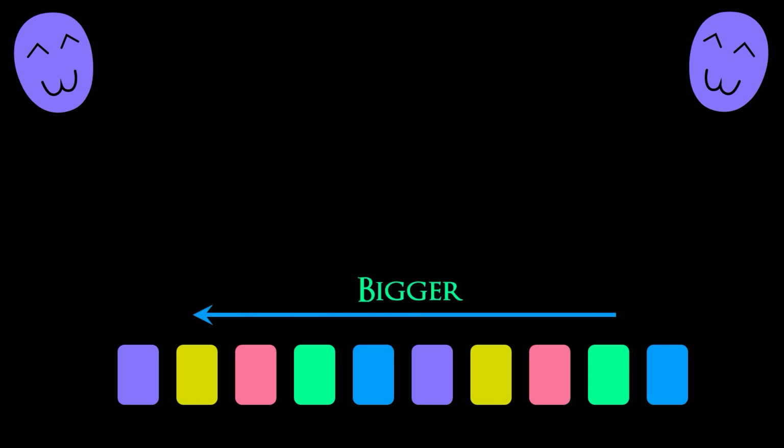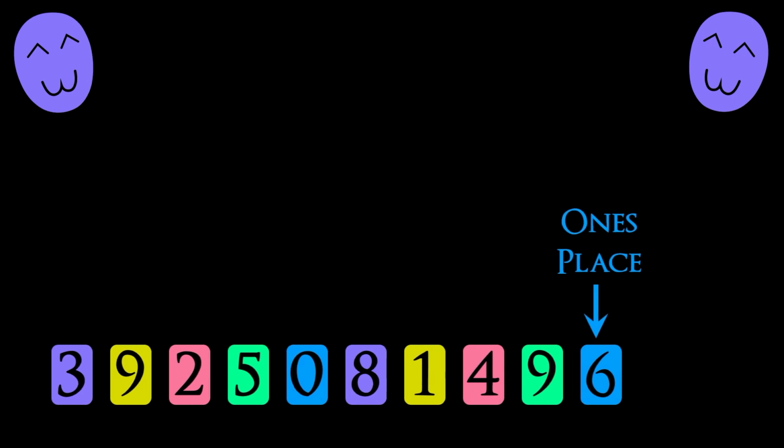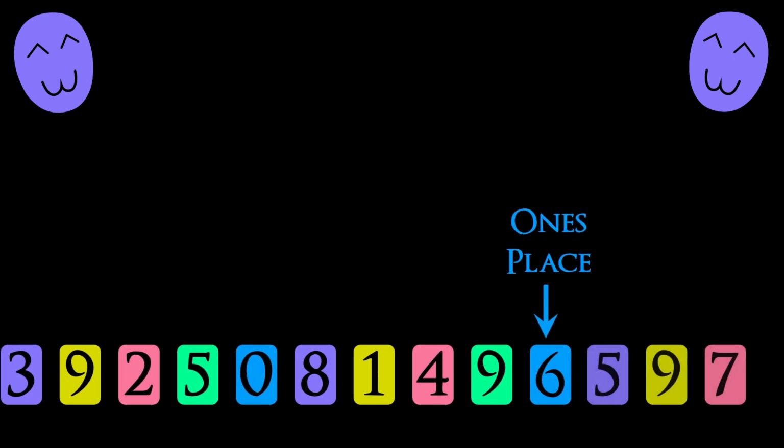Number places representing bigger groups are to the left, and number places representing smaller groups are to the right. But with the whole number places, we know that the place furthest to the right is always the ones place. Now that we have decimal places, which represent groups that are smaller than 1, they need to be added to the right of the ones place.